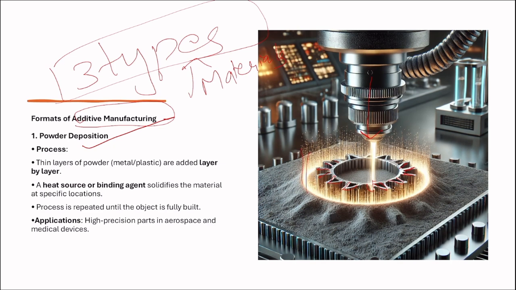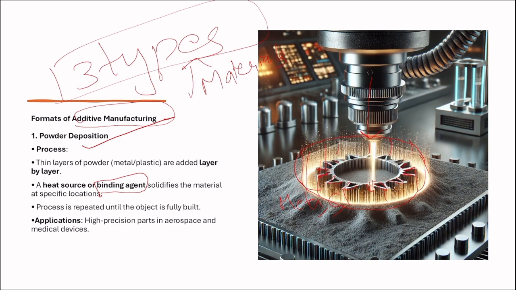We put thin layers of powder, which can be a metal powder or a ceramic powder or anything. The powder is put and added layer by layer. With respect to the powder, heat is produced, or else some binding agents, which make sure it is solidified at specific locations.